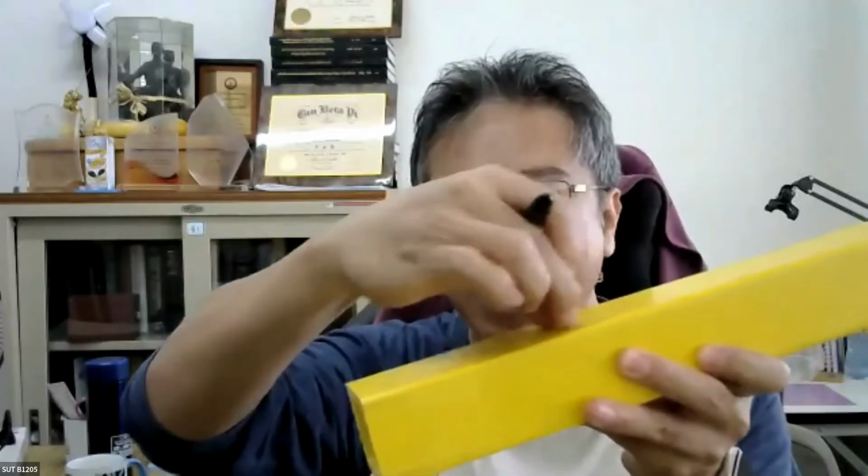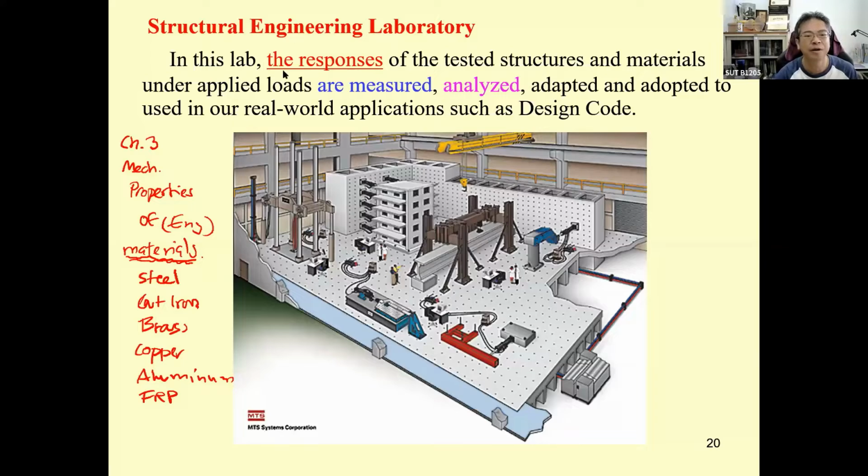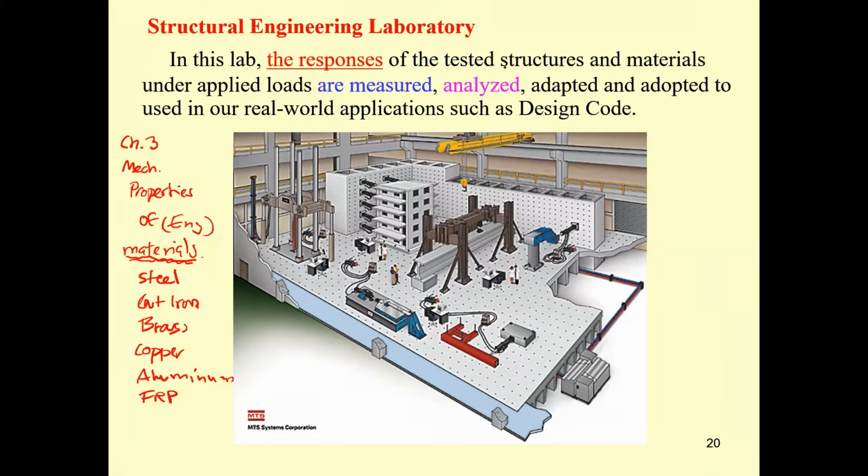In a material test, we cut it and test it only for the material. But for this one, many times we also would like to know the response. The response of what? The response of the structure under the application of force.